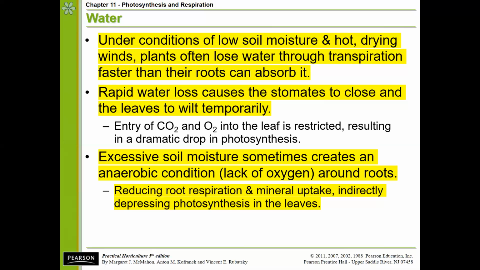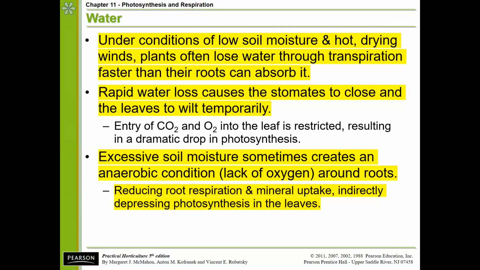Because of this, we can actually get wilt even in situations where we have enough soil moisture, or in this case, too much soil moisture. We have to have root respiration as well in order to be able to take up water. So when you see saturated soil, you can often get wilting in plants.